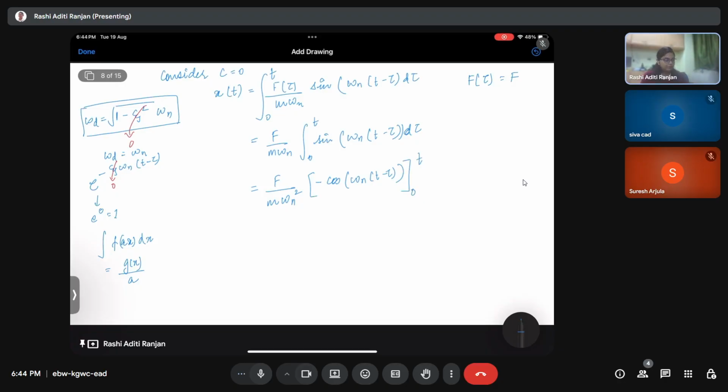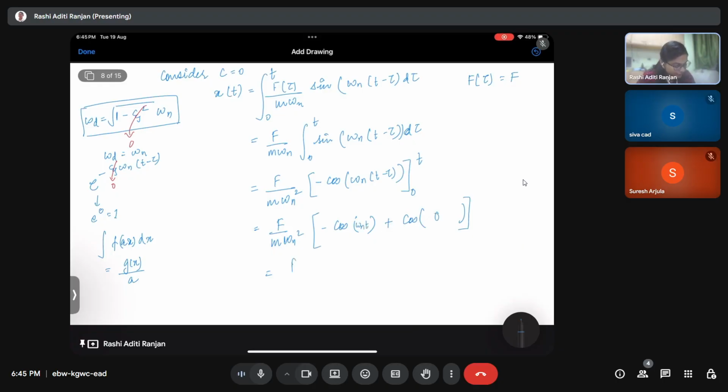Okay. Now, when we put the limits of integration, we get f by m omega n square into minus of cos 0, and then minus minus plus cos of omega n t. No, it should be the upper value first, with omega n t, and here it should be 0.